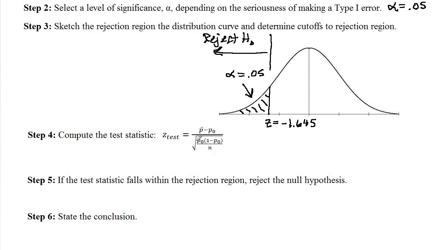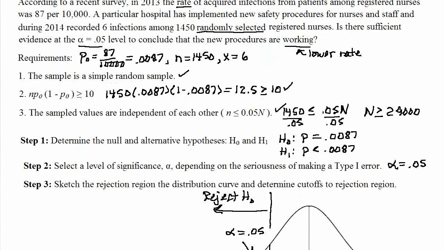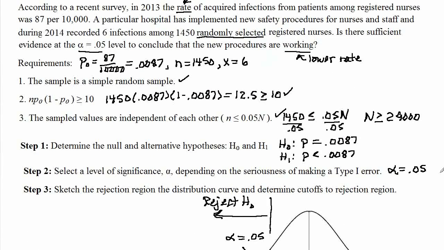And remember, we use p0 here instead of p hat because that's our known proportion, that's our population. So remember, p hat here is x over n. That's our sample proportion. And for us, x was 6. There were 6 infections in the nurses out of n equals 1,450.